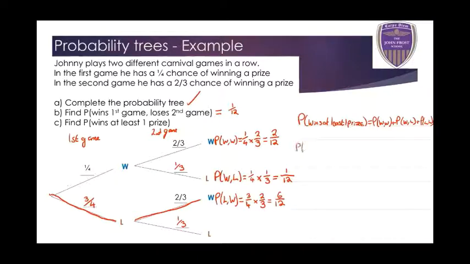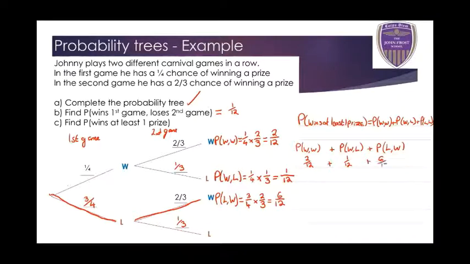So let's remind ourselves, it's probability of win-win, which was 2/12. We're going to add that to probability of win-lose, which is 1/12. We're going to add that to probability of lose-win, which was 6/12.